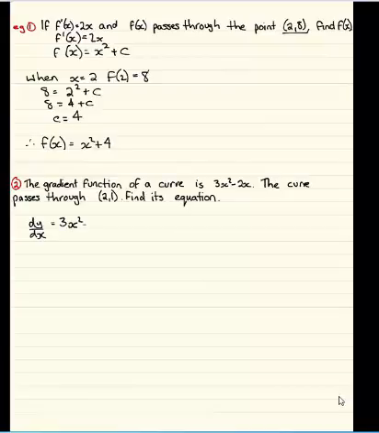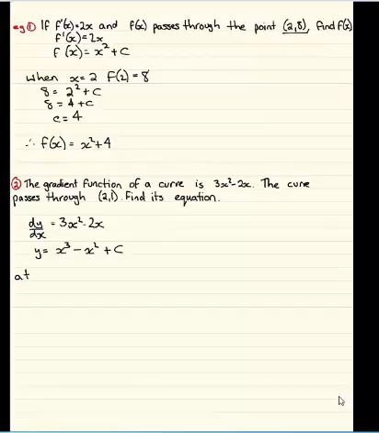So 3x squared minus 2x. So I know that the primitive of that, the original function, well, it had to be x cubed, and then I'd put it over 3, and the 3 and the 3 would cancel out. And that one had to be x squared, because the derivative of x squared is 2x. And then I have my constant.